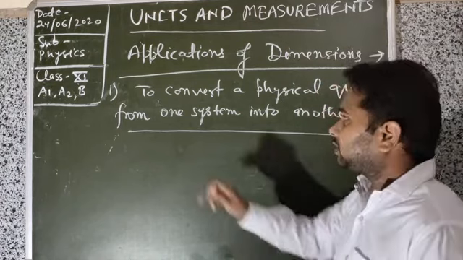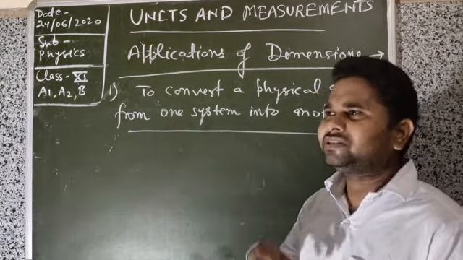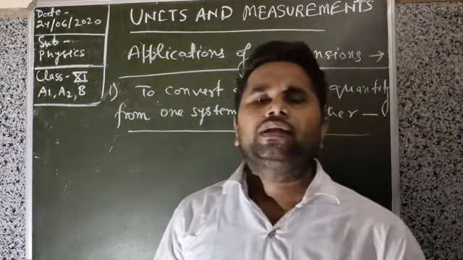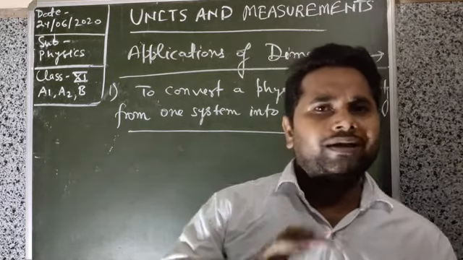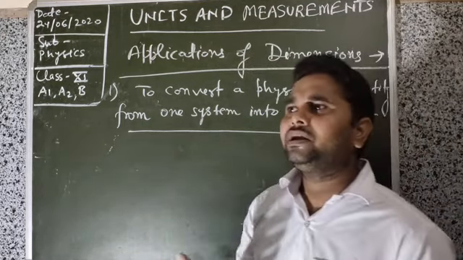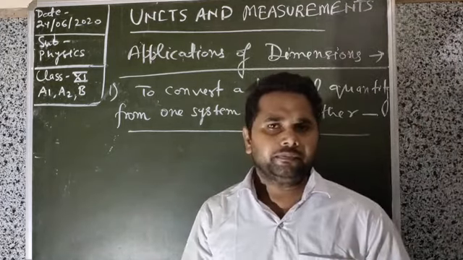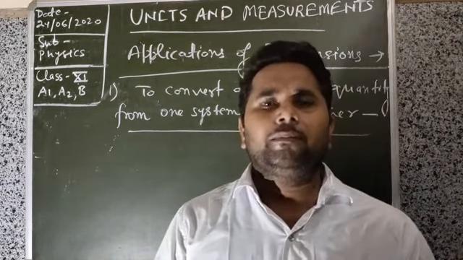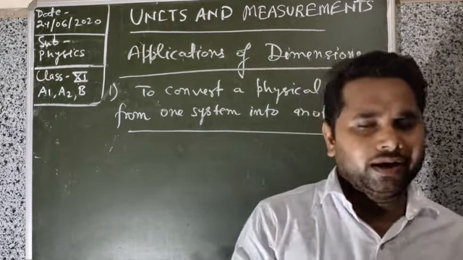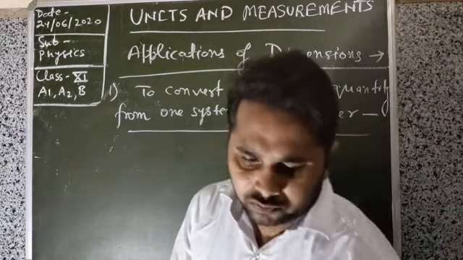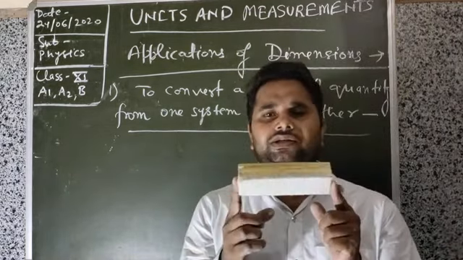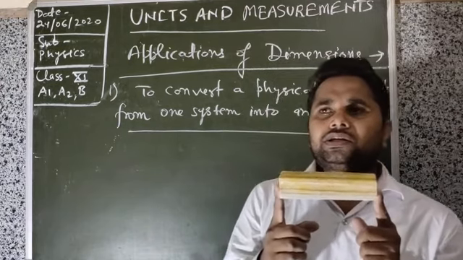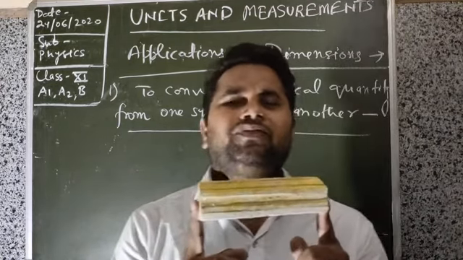Let's see here. For this topic, the very simple concept is that the quantity of the physical quantity cannot be changed by changing from one system of unit into another system of unit. For example, suppose this duster has length 15 centimeter.